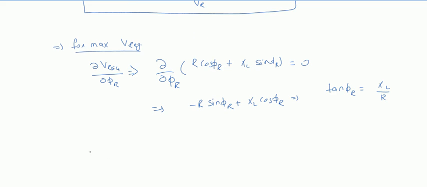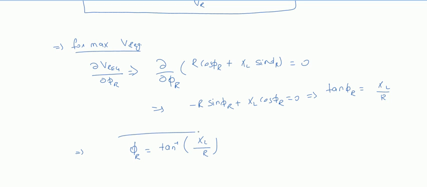So the condition for maximum voltage regulation is nothing but this only: the power factor angle should be equal to tan inverse xl by r. This I have to equate to 0, then I will get this.